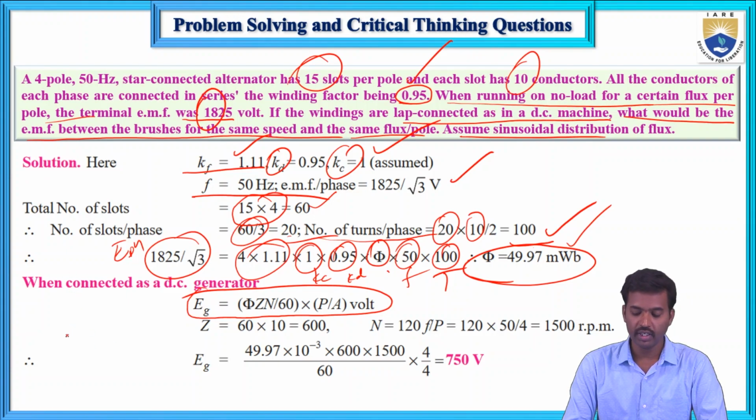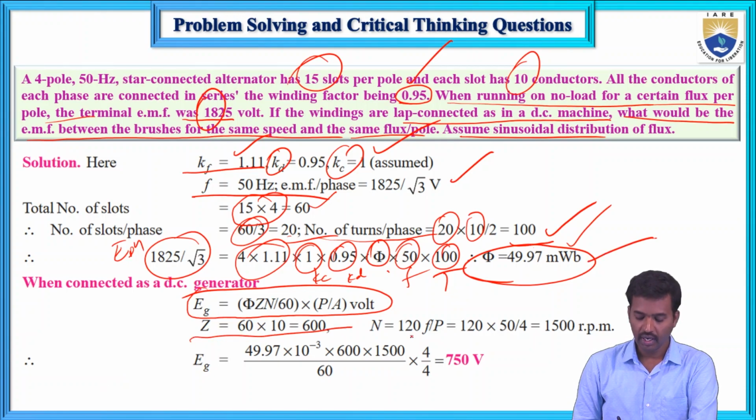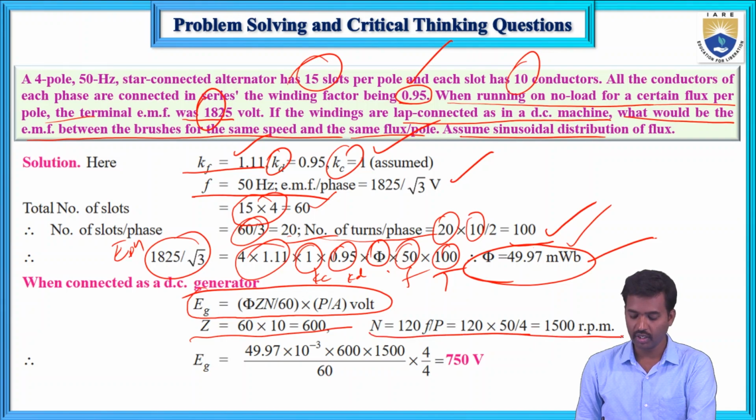Now EG is for the DC generator. We know the flux value and speed are the same, Z equals 600, and the speed is 1500 RPM.